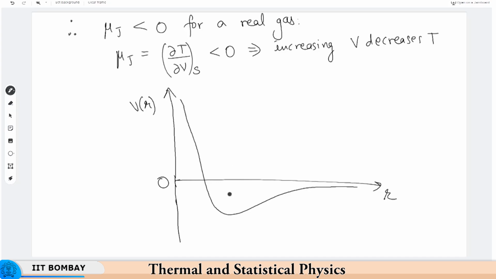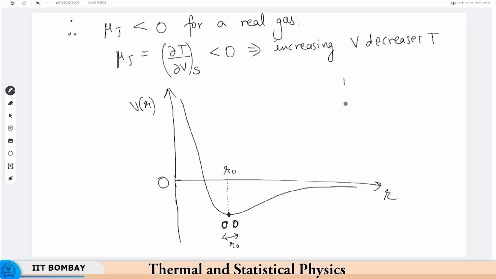Say when we have not expanded the gas, the gas molecules are sitting here, so their mean intermolecular distance is say R 0.